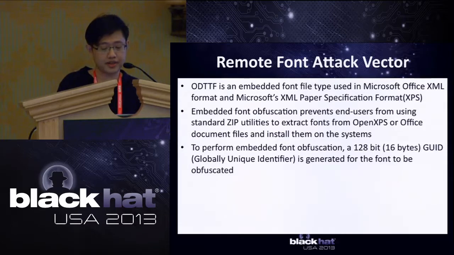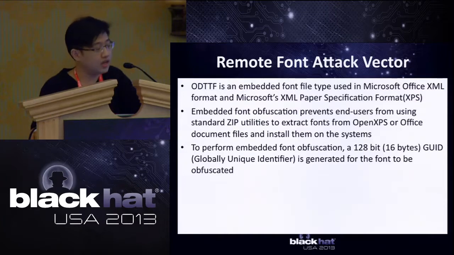ODTTF is an embedded font file type used in Microsoft XPS and the Microsoft Office 2007 format. The file type refers to an obfuscated subsetted font based on the font used in the original document, and the file can be extracted from the docx by renaming the file to zip, so the archive can be browsed and extracted.